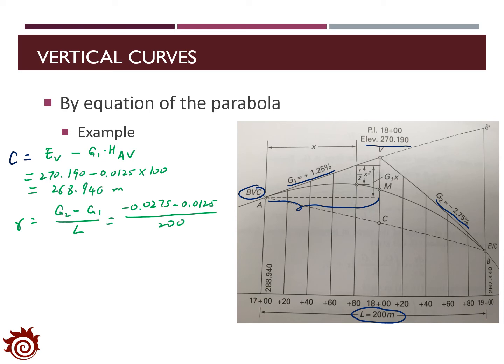So we have the value as minus 2 times 10 to the power of -4.